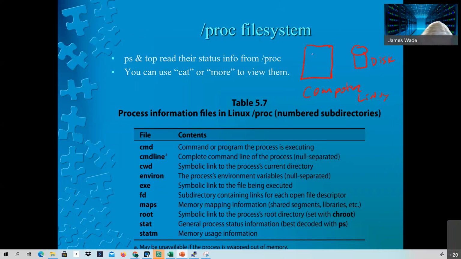And here I have CPU. Here I have memory. Physical memory. And we'll say this is 8 gigs. And I got 4 cores. And I got a 250 gig disk. Yeah, we're going to make it a small disk. And that's inside the computer.